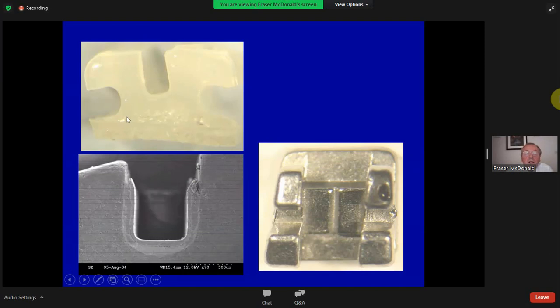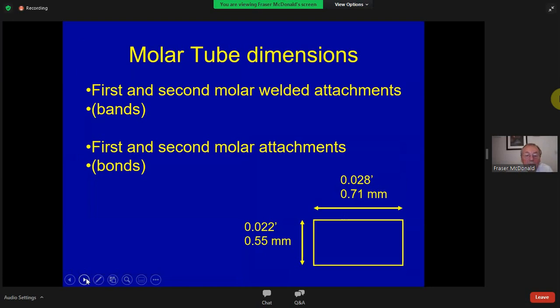But if you can start to look, you can see that this is actually one of these convergent brackets. This doesn't look at all proper and symmetrical. And again, looking down at this, you can see there's an issue. So we're starting to see that the bracket slots are not right. So that got published in the Angle Orthodontist.